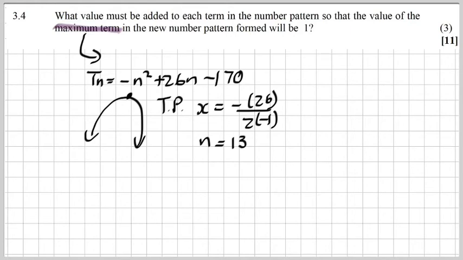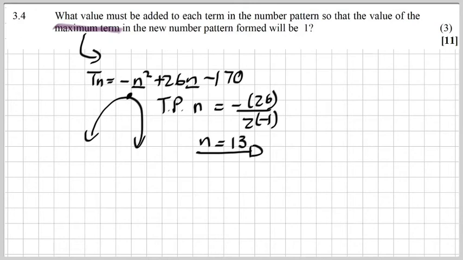Now, what did I do wrong here? A small little thing. But remember, it's not x, it's n equal to, because I'm working with n's. But this means the 13th term will be the maximum.